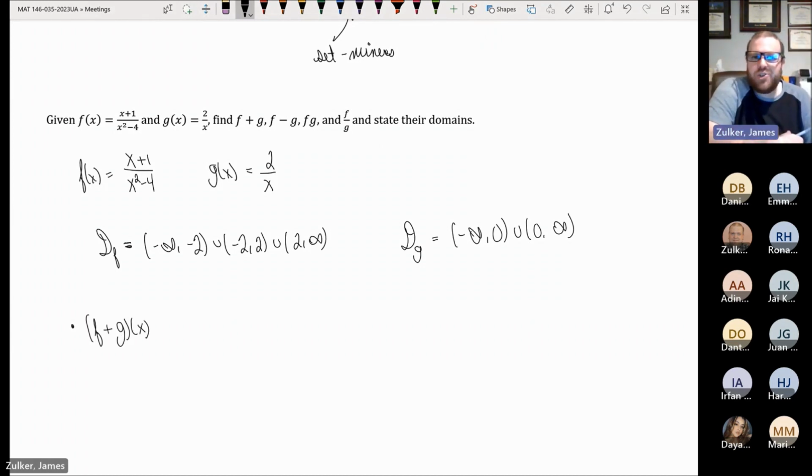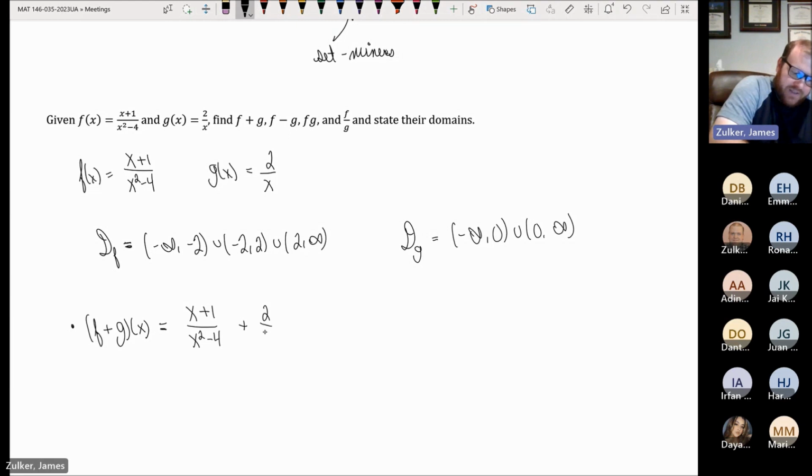First, we need f plus g of x. All right. That is f of x plus g of x. And remember what the rule is for adding two fractions.